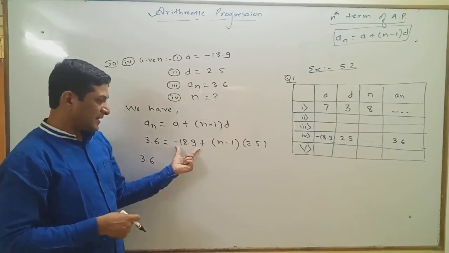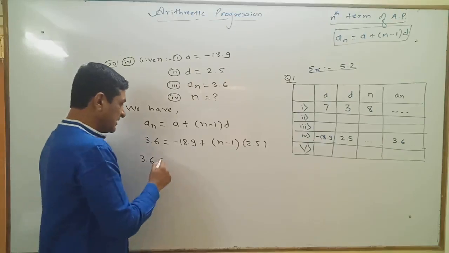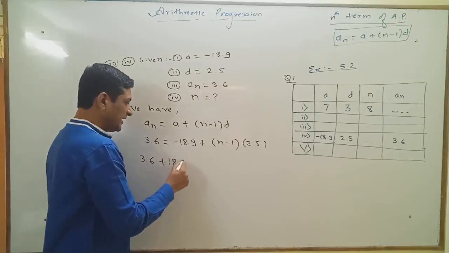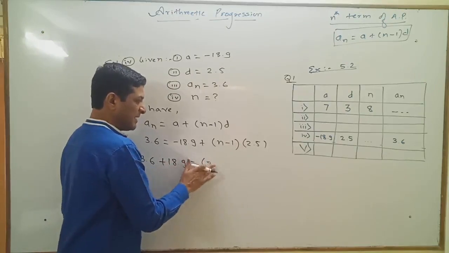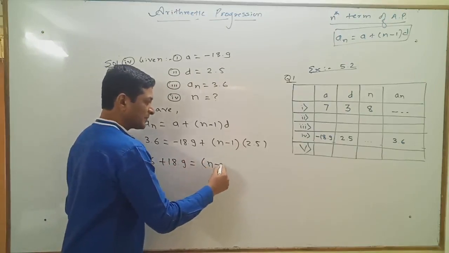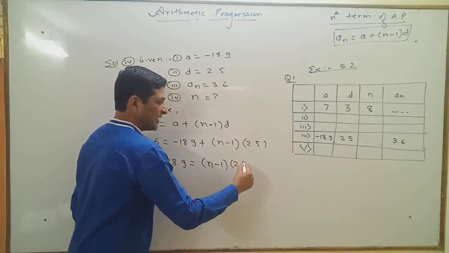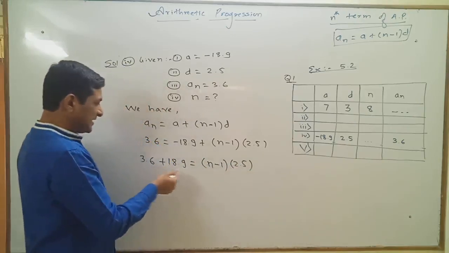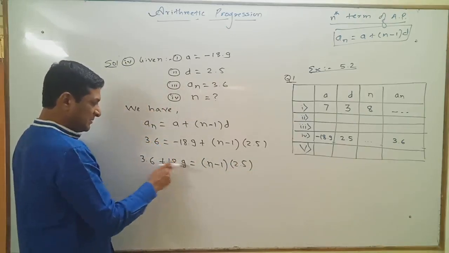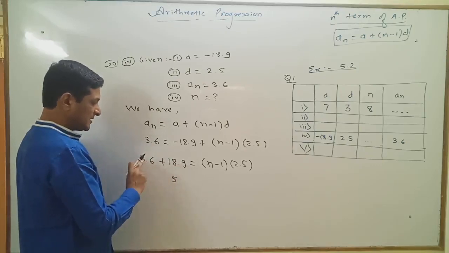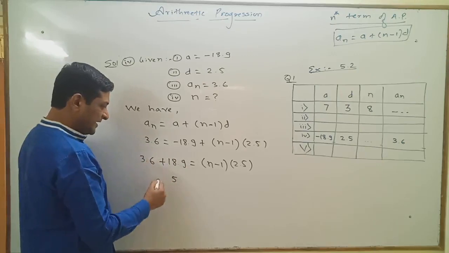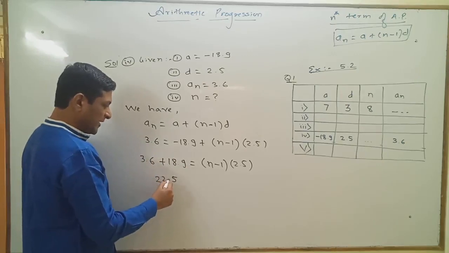So minus 18.9 on this side will become plus 18.9 is equal to the remaining term on this side, n minus 1 into 2.5. So let us find this addition. 9 plus 6 is equal to 15, 5 carry 1, 19 plus 3, 22. So 22.5.